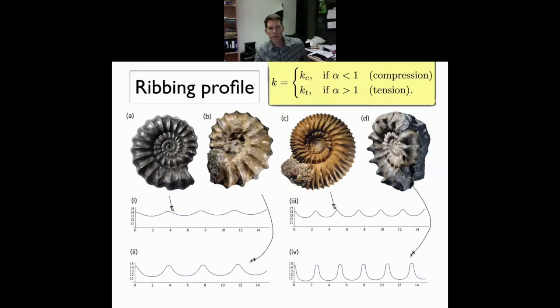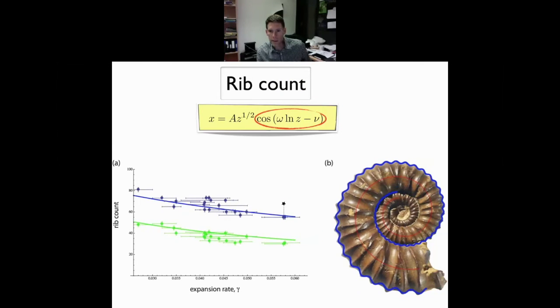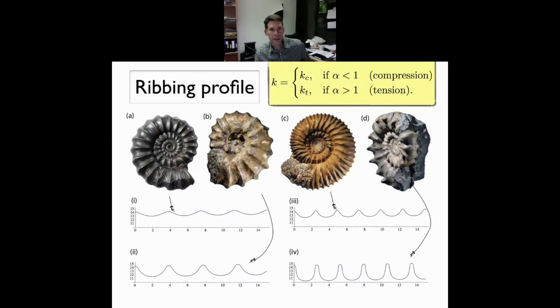One thing we can do: that formula is a cosine, which is very smooth ribbing. Actually, most ammonites are not perfectly smooth, but characterized by peaks that are sharp and valleys that are long and smooth. But we can imagine adapting the model so that the elastic parameter is bimodal, so that it responds anisotropically to tension differently than compression, which is characteristic of a number of biological tissues.